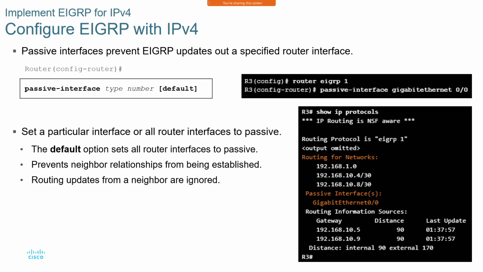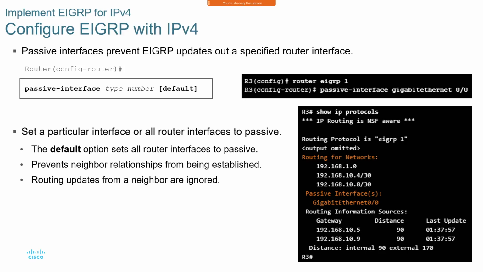We also have the passive interface default. Passive interface default will tell the router to set all the interfaces to passive by default. In other words, if we configure a router with the passive interface default, we need to specify which interface we want to send hello messages for EIGRP.